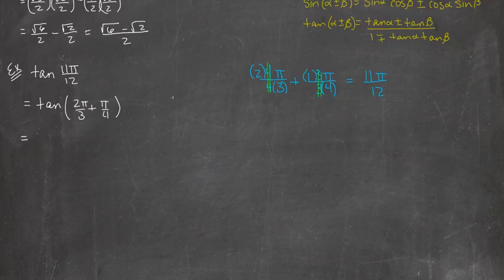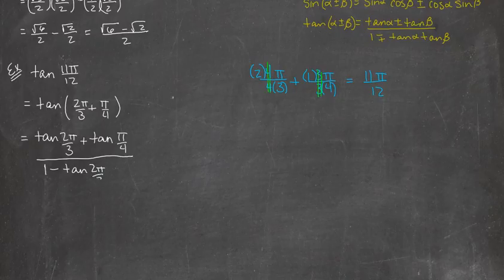And so I need the tangent of alpha, and I'm going to call 2 pi over 3 alpha, the tangent of 2 pi over 3, and I'm adding, so the tangent adding means in the numerator I'm going to add plus the tangent of pi over 4 divided by 1, and if I'm adding here, then I'm subtracting here. 1 minus the tangent of alpha, 2 pi over 3, times the tangent of beta. Okay, so I need to find the tangent of 2 pi over 3 and the tangent of pi over 4.